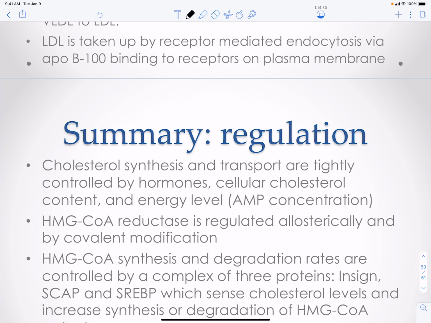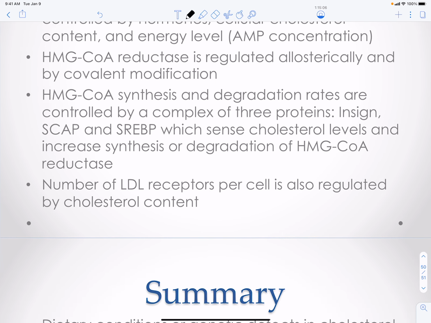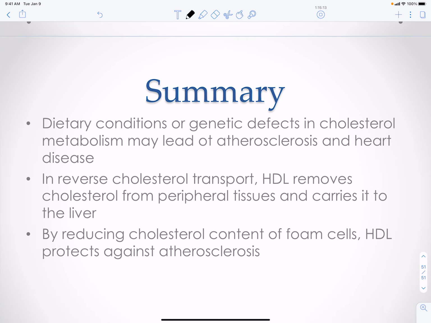LDLs are going to be important because those are the ones that are going to take cholesterol to organs that need it to make your steroid hormones. You also have a reverse cholesterol transport. Your HDLs can pick up cholesterol from cells. You also have your regulation of cholesterol, especially of the reductase. That could be at many levels. So there's a lot of information in here.